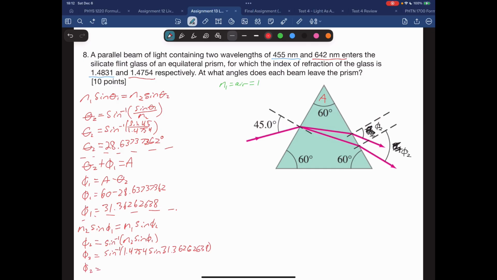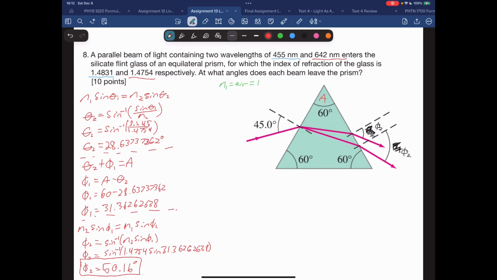I punch that into my calculator, and I got 50.16 degrees. And that was the angle the red beam left the prism at.